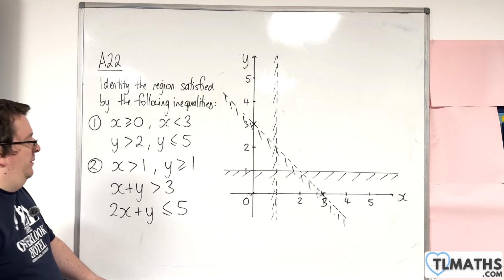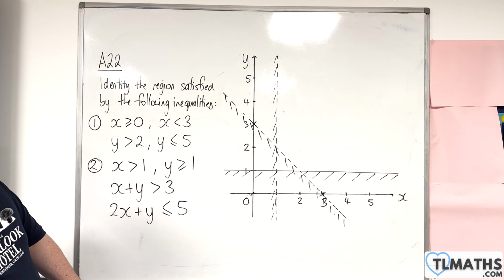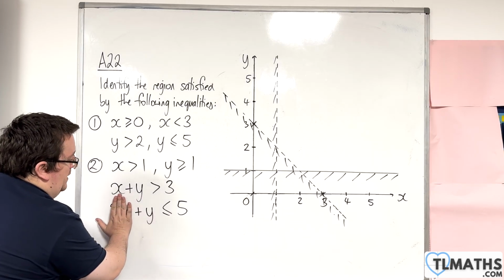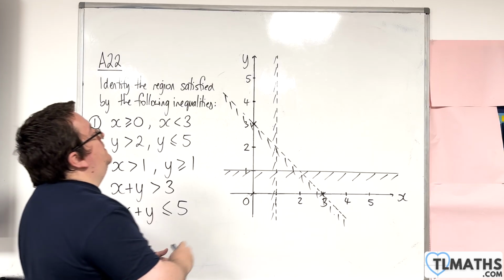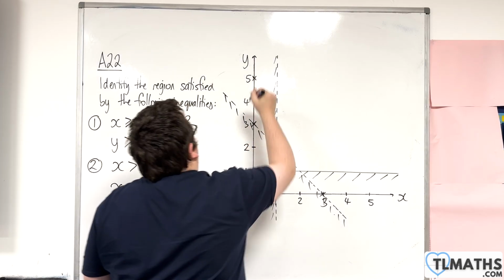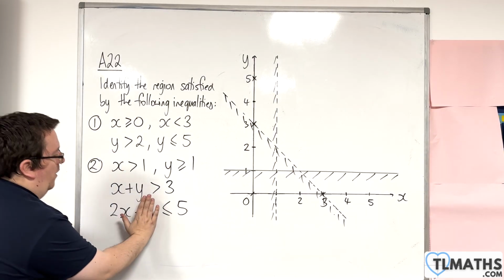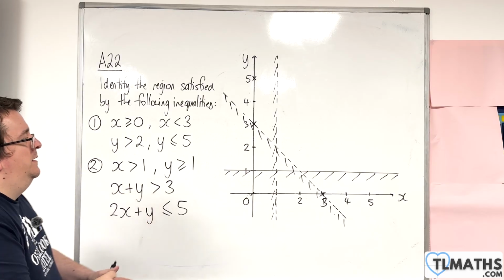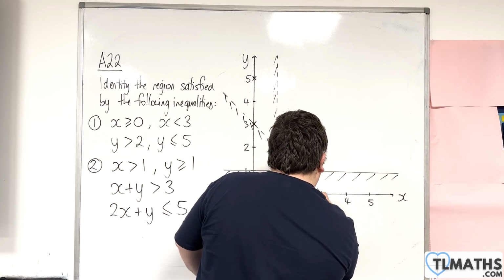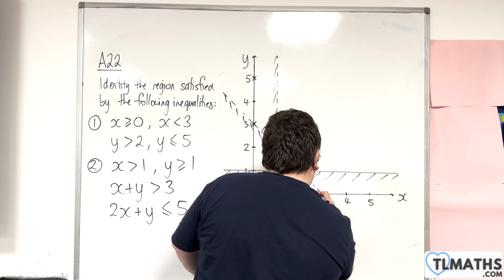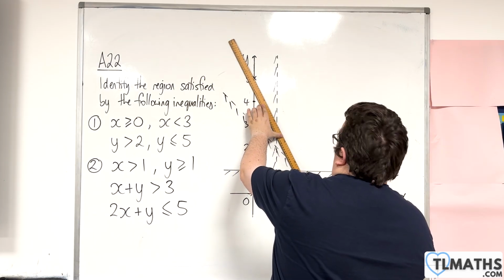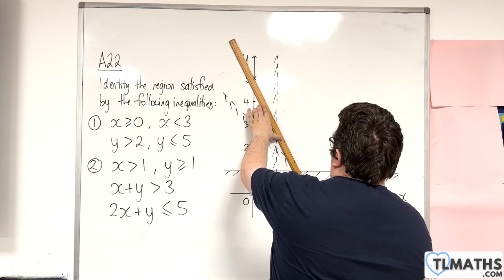Then we've got 2x plus y is less than or equal to 5. So again, if we do x is 0 first, then y is equal to 5. So that's that point there. And when y is 0, 2x would be 5, so x would be 2.5. So about there, I reckon. So it's going through those 2 points there.